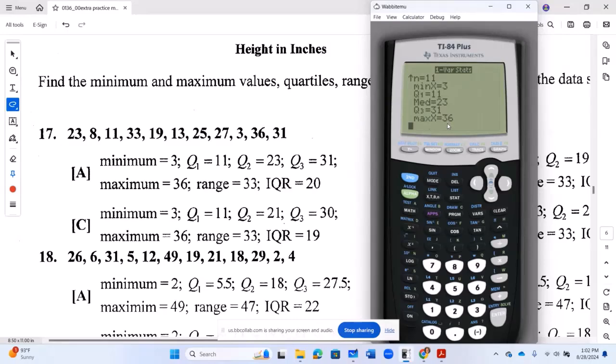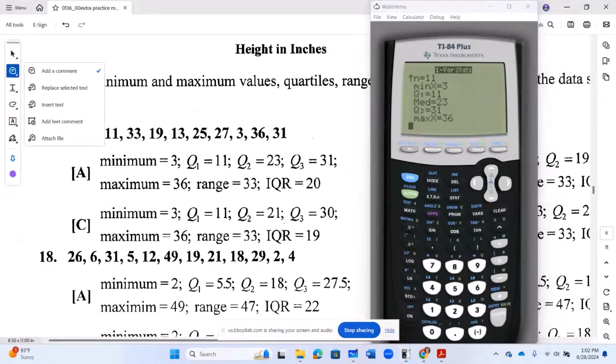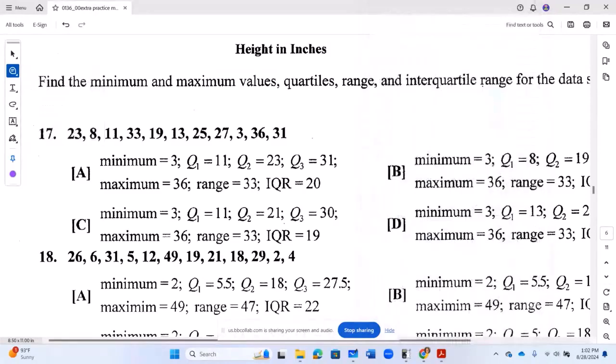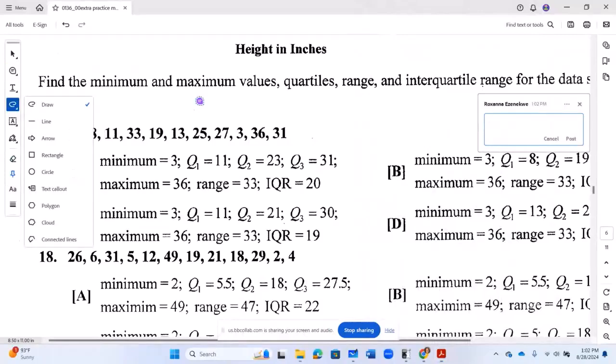They can also tell me to find the interquartile range. If they ask me to find the interquartile range, then it means the third quartile minus the first quartile.